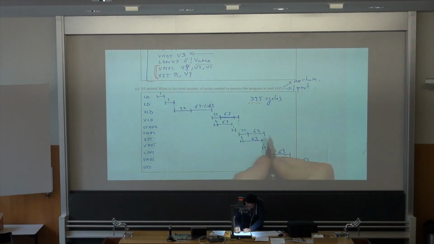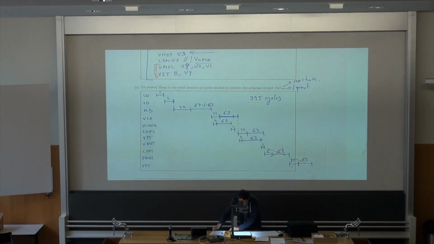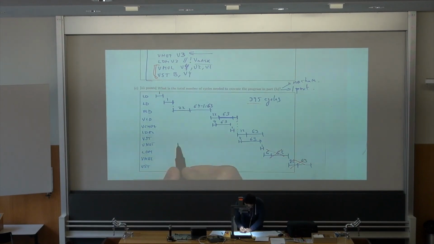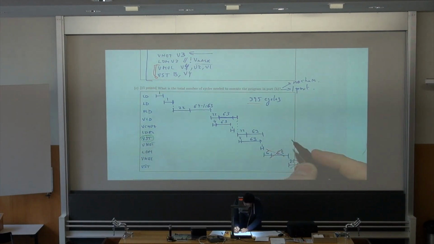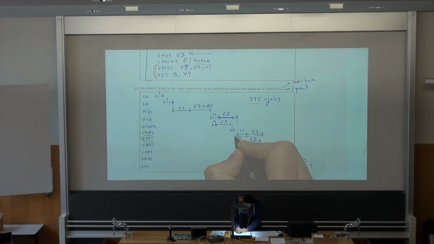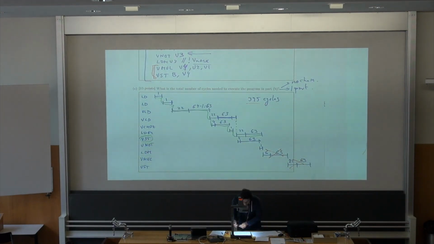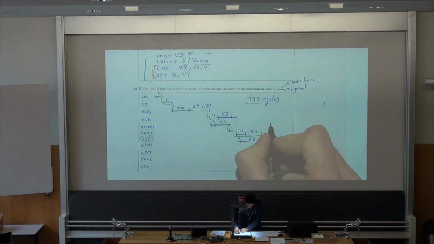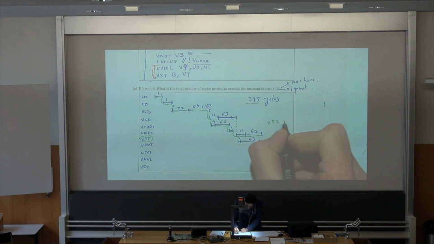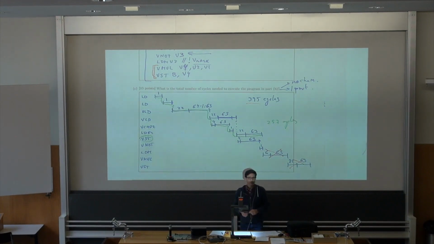And because the last thing that finishes would be this store instruction, you can calculate, following the critical path, the total number of cycles, and the total number of cycles for part F of this question is 257 cycles. Is that okay? Okay. Any other questions?